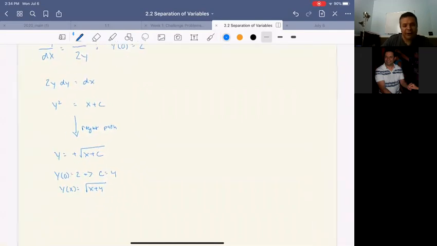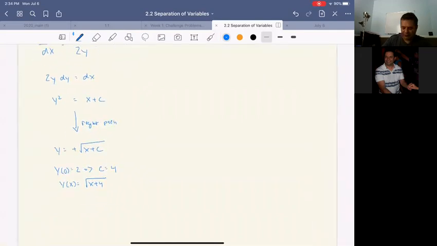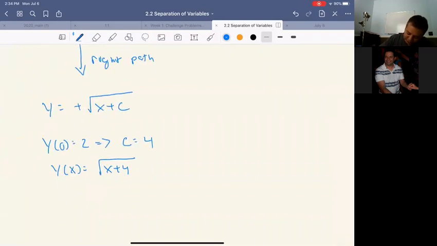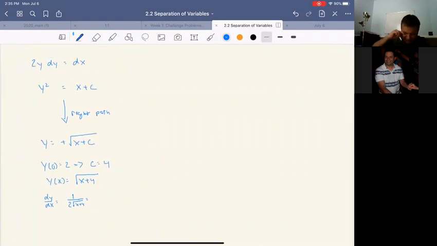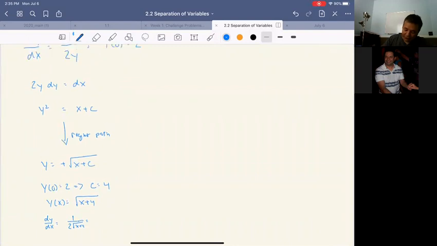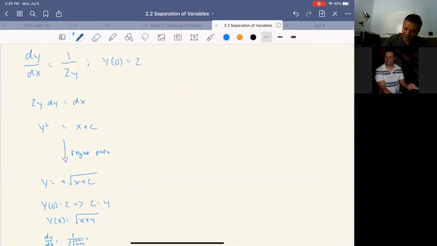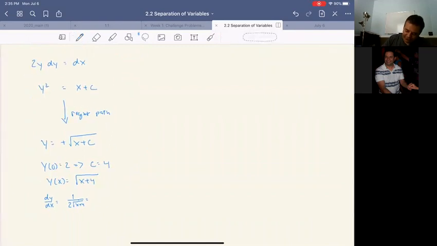Now if we do this, let's actually just take the derivative here. That's going to be 1 over 2 square root of x plus 4. And that is indeed equal to 1 over 2y, right?